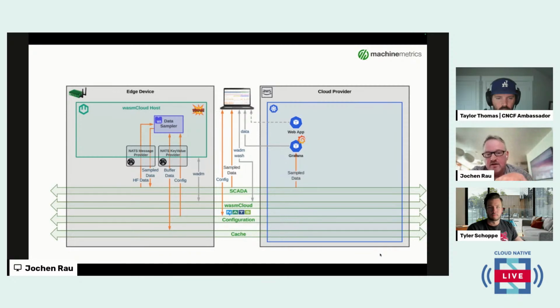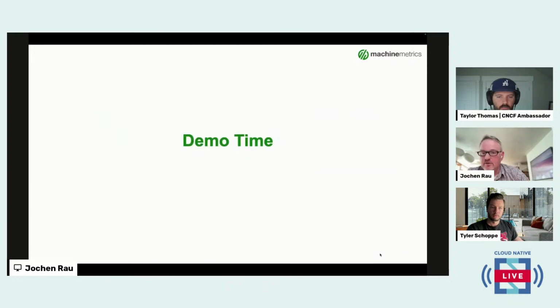Then the configuration can also be manipulated directly from the browser, to NATS. And that allows us to have configuration being manipulated anywhere and also consumed anywhere and on each of the edge devices simultaneously, right? So, I think, Tyler, you can take it away with the demo. Awesome.